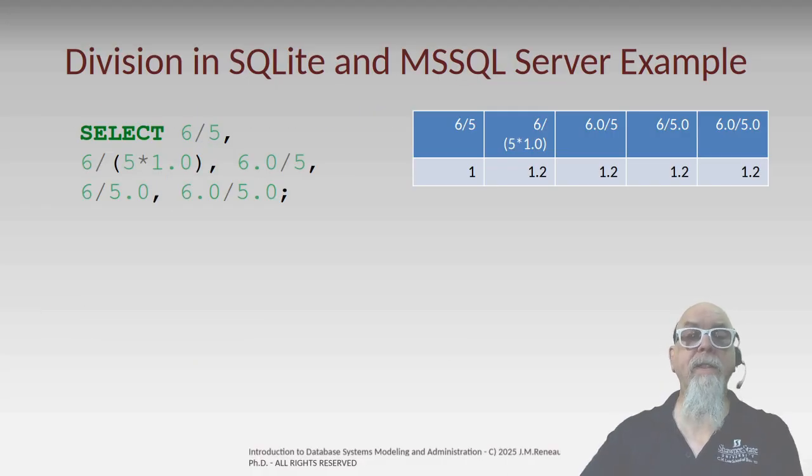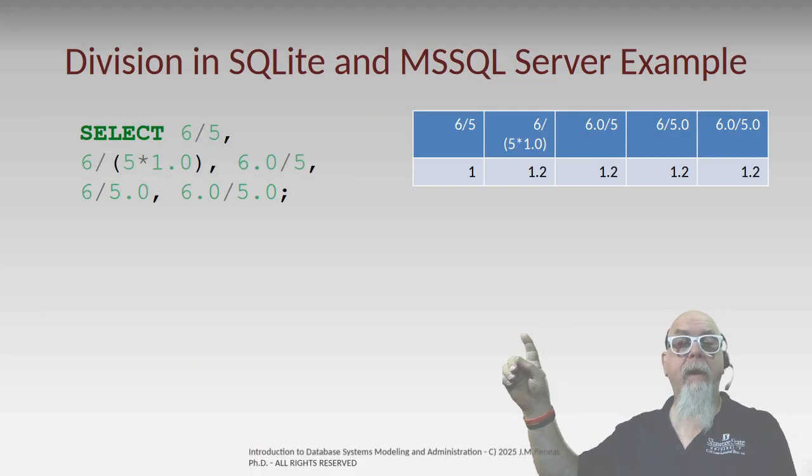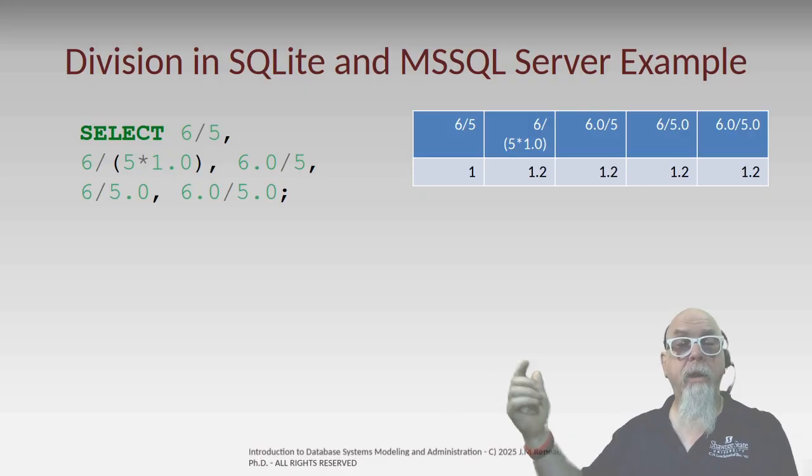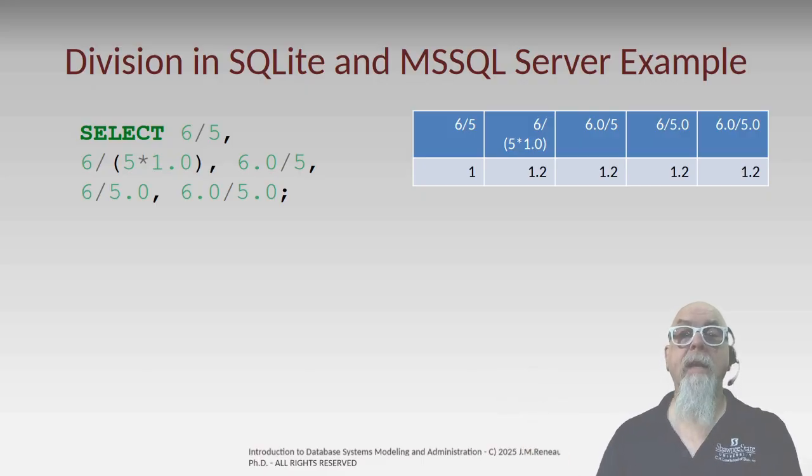And you can see that 6 divided by 5, if they're integers, returns the integer because 5 only goes into 6 one complete time. But if either of them is a float, or both of them are floats, then the answer is a float. So sometimes when you're dividing integers, it doesn't give you the answer you want because you wanted a float.